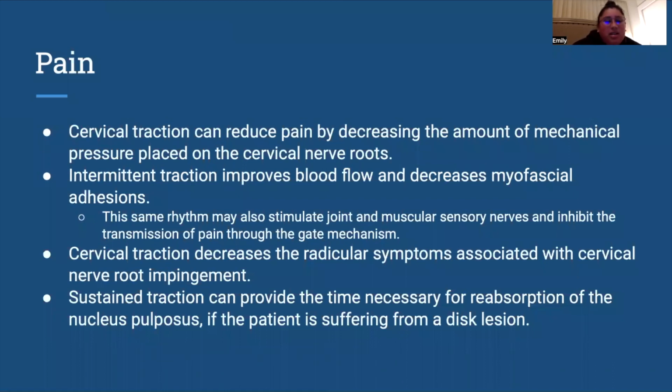And it could also be sustained through the time necessary for reabsorption of the nucleus pulposus if the patient is suffering from a disc lesion, which kind of talks about what Mike was saying about too much traction can kind of be a problem if you're not paying attention to the cues the patient is giving you.